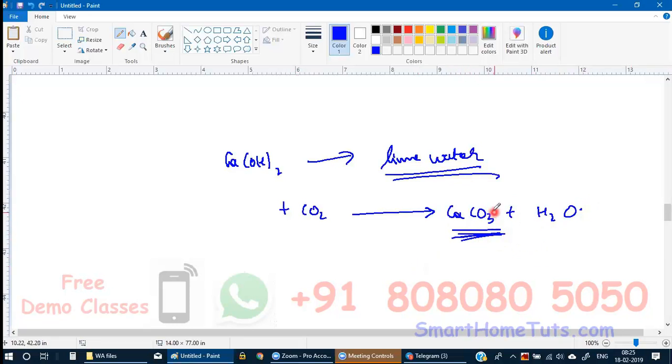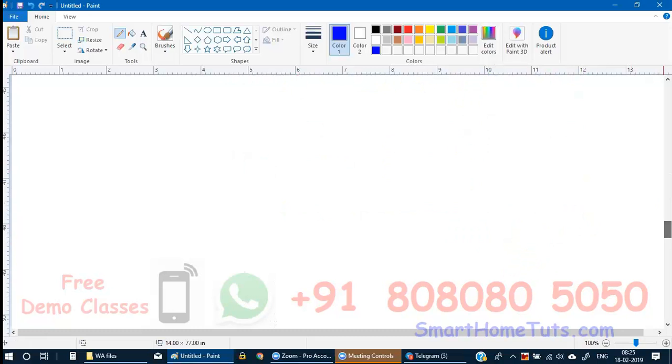It's white in color. Can you tell me the names of CaO and the others? CaO is quicklime.